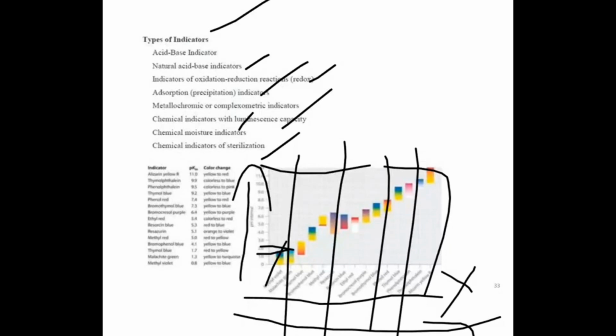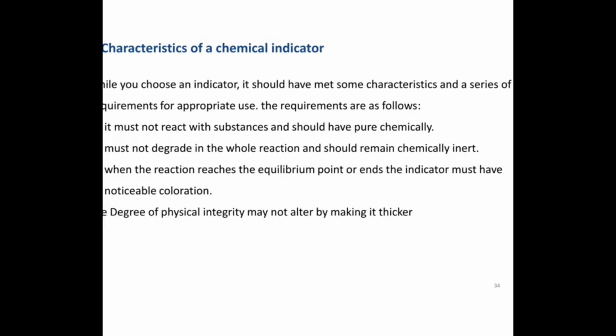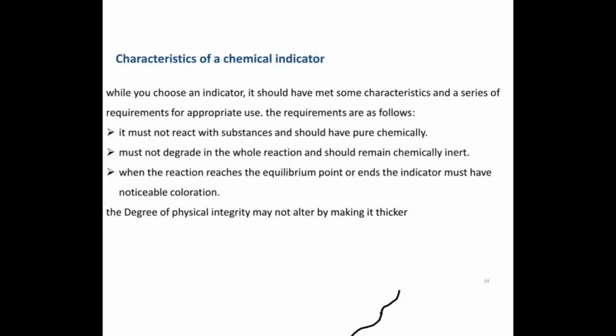Also, next is the characteristics of chemical indicators. While you choose an indicator, it should have some characteristics. It must not react with the substance and should be in a chemically pure form. Whatever solution you are taking, it should not mix with it.